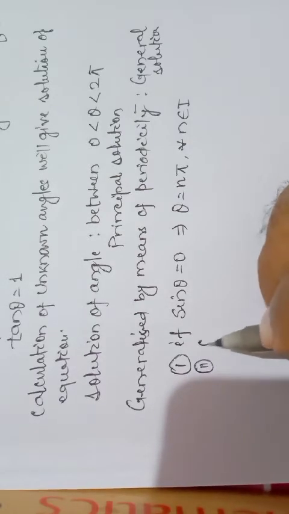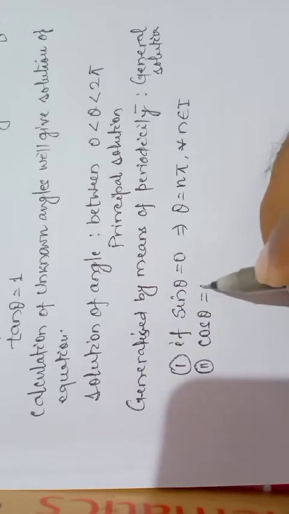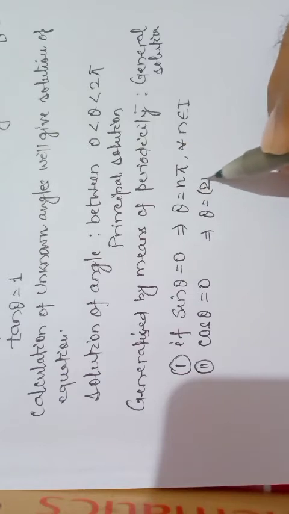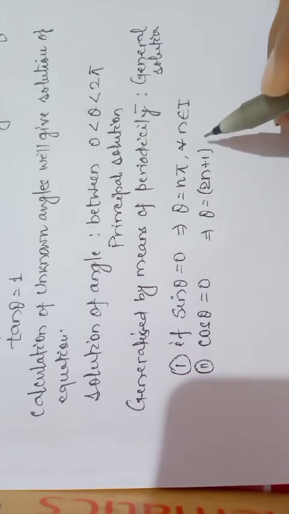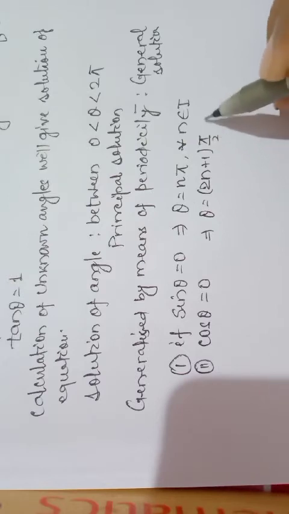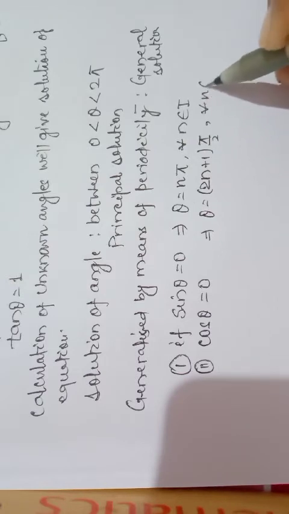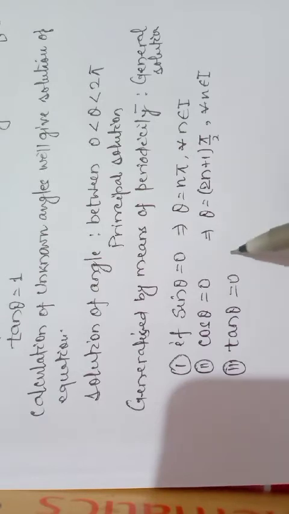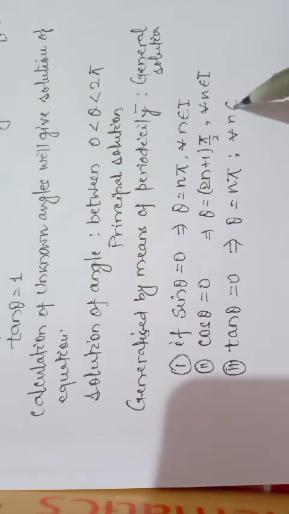Second, if cos theta is equal to 0, then theta is equal to (2n plus 1) pi by 2 for all n belongs to I. And finally, tan theta is equal to 0 implies theta is equal to n pi for all n belongs to I.